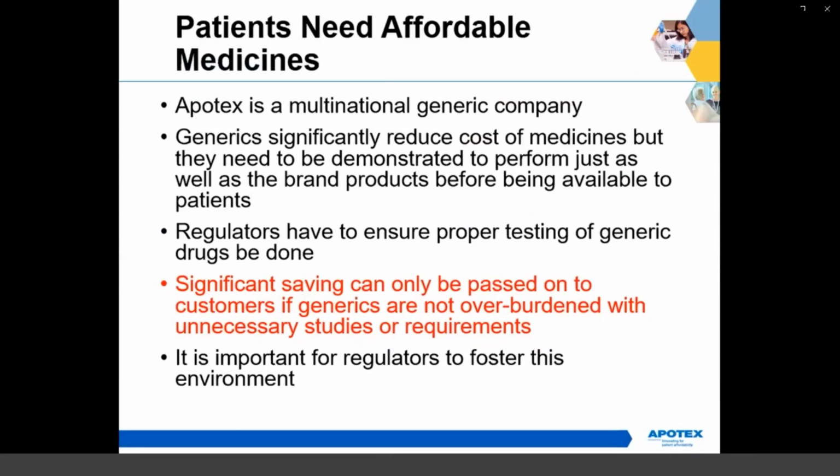On the regulatory side, the regulators have to ensure proper testing of generic drugs be done. However, significant saving can only be passed on to customers or patients if generics are not overburdened with unnecessary studies or requirements. So it's important for regulators to foster this environment.